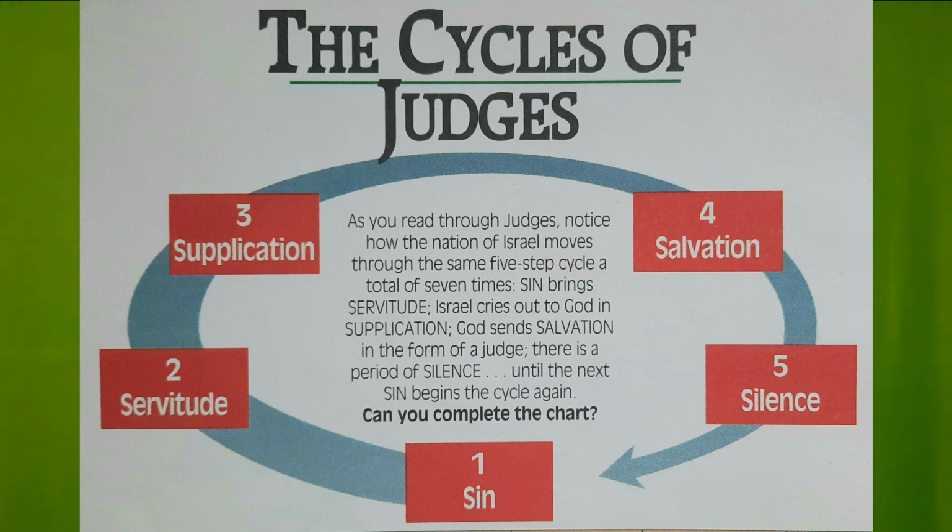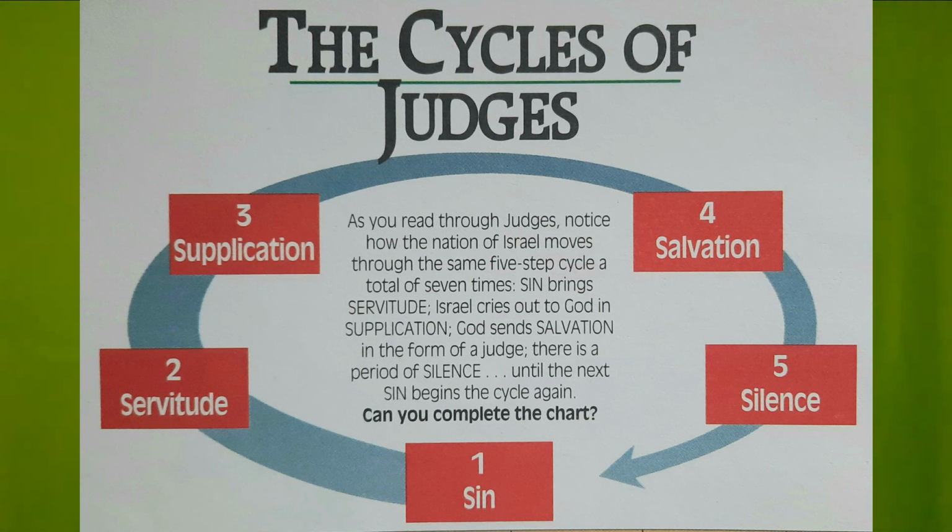Then, because of the repentance and the problem, God saves them through a judge, an ordinary person. God lifts him up and gives him power, and he goes and defeats the enemy nations. Then there is a silent period, calm and quiet, no problem at all. They were good people.